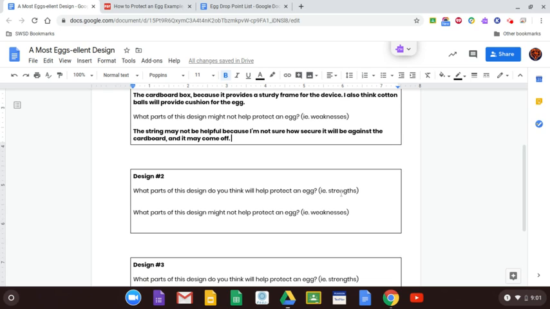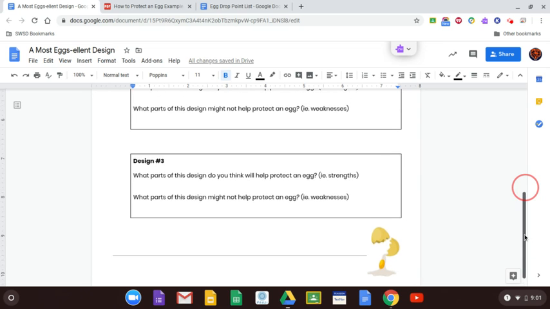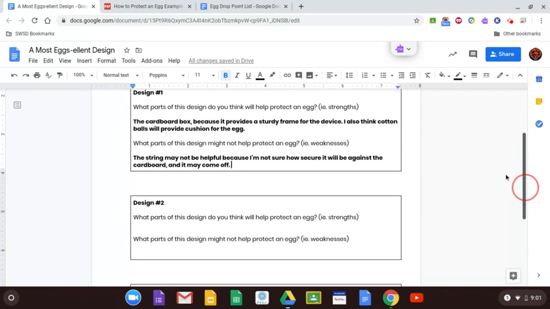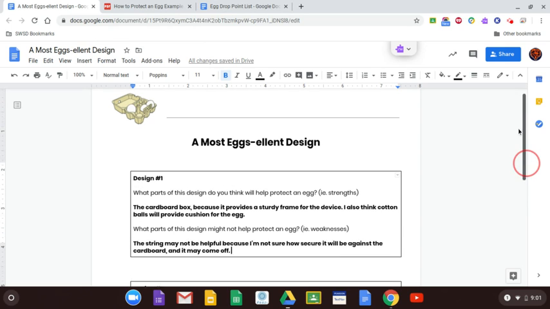Things like that could be your weaknesses. So again, make sure you're explaining what they are. Don't just list materials and have that be, that's my strength, that's my weakness, because that's just a material. It's not necessarily a strength or weakness, unless you would describe how it would be helpful or why it would not be helpful. So that is the main objective for today.